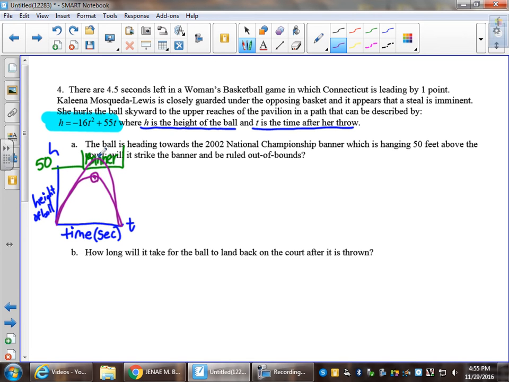What is this point called? That is the vertex. So to know if the ball will hit the banner, I need to figure out the vertex. Recall that to calculate vertex, it's x equals negative b divided by 2a. So part A is purely a vertex question and being able to interpret the meaning of the vertex.